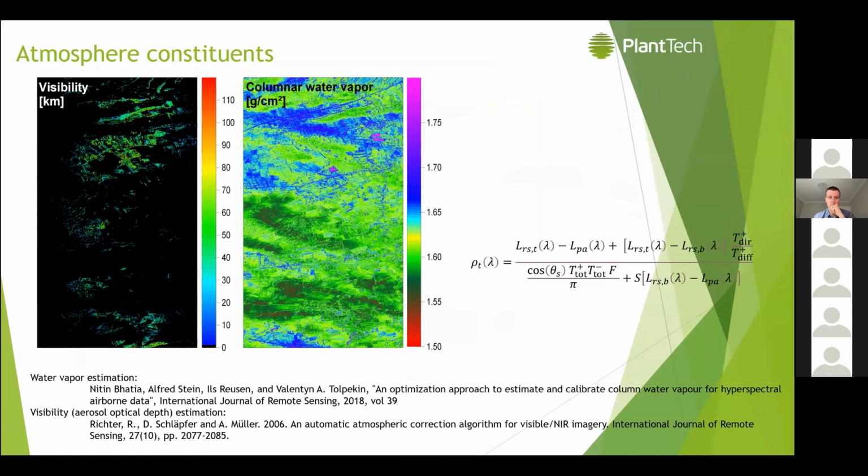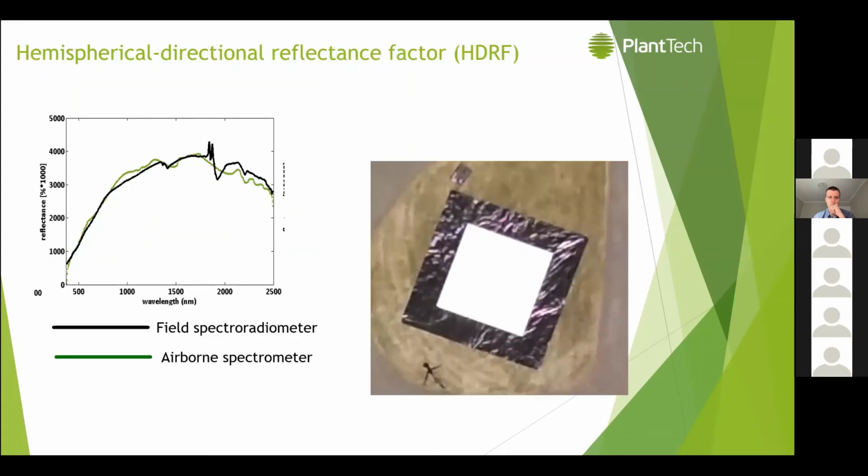In addition, other atmospheric constituents such as visibility and column water vapor are also calculated at pixel scale. By accounting for all the pixel scale information, we significantly reduce the error in the final reflectance product.